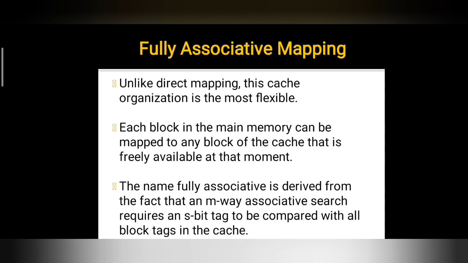Whichever cache memory block is available, I can simply map my main memory block into it. So this is quite simple, because you need not apply any modulo function. Directly you can map any main memory block into the cache memory block which is currently available. Now, the name fully associative is derived from the fact that an m-way associative search requires an s-bit tag to be compared with all the block tags in the cache.